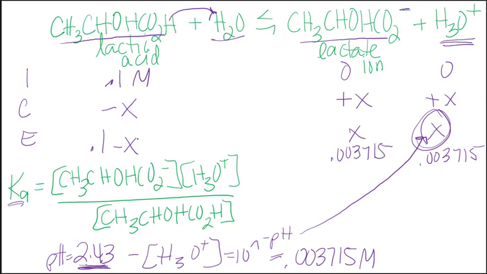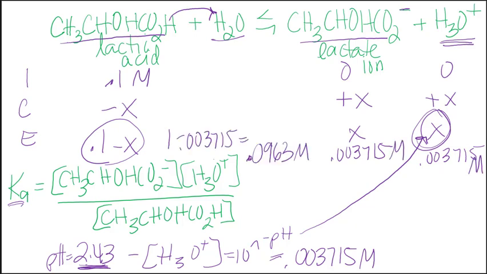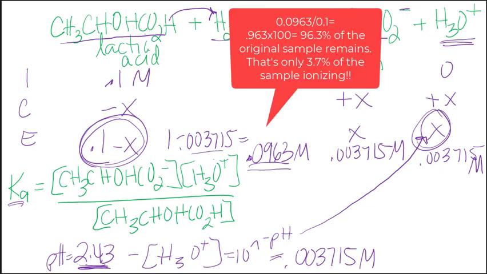And then I can plug that in to this. When I plug 0.003715 into my lactic acid equilibrium, 0.1 minus that, I get 0.0963 molar. We can see that it's such a weak acid that very, very little of it ionizes.